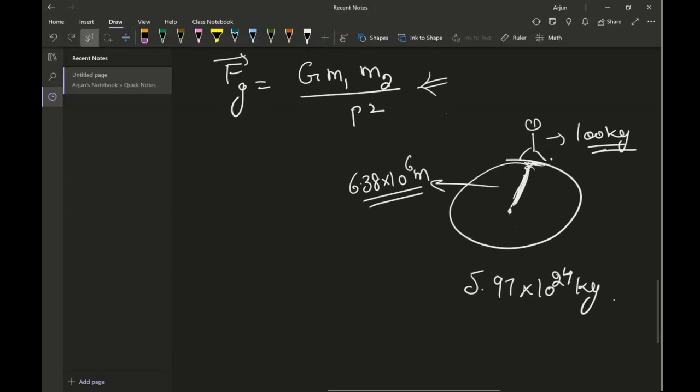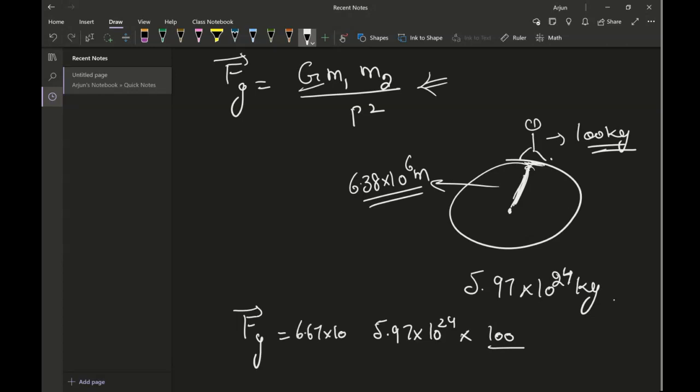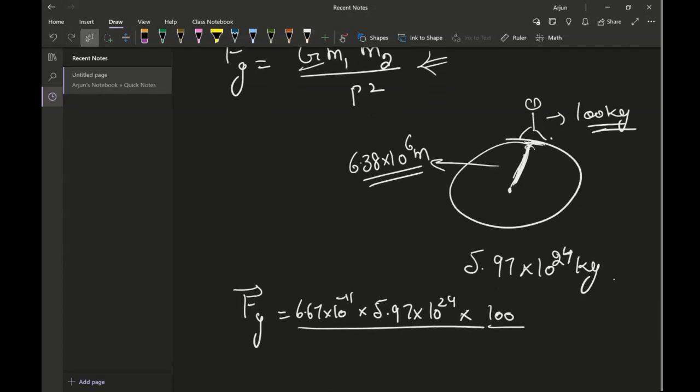Now, if I apply this formula, Fg is equal to the mass of the Earth, 5.97 times 10 to the 24, multiplied by 100 because that's my body mass, and the G value is 6.67 times 10 to the negative 11, multiplied all together, and then the distance is 6.38 times 10 raised to the power 6, squared.